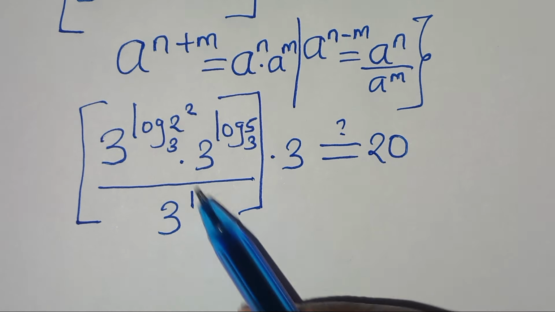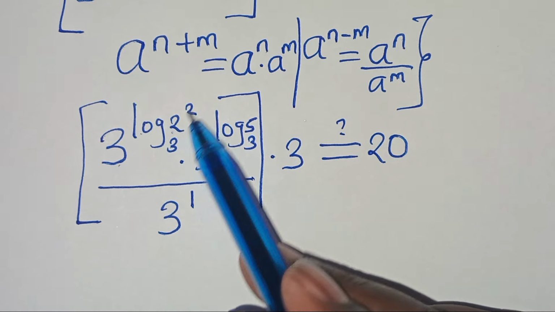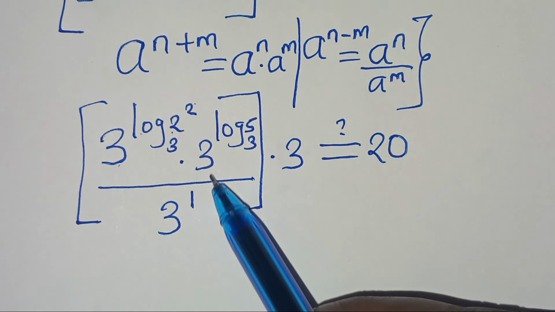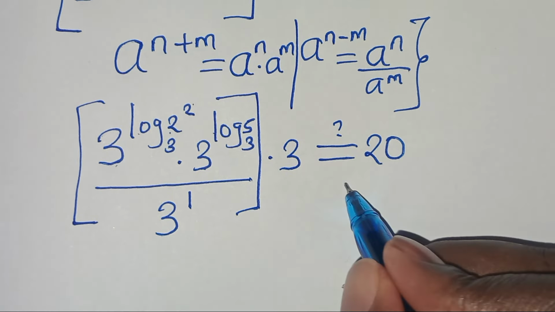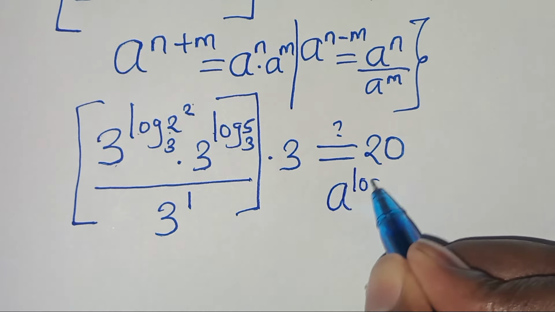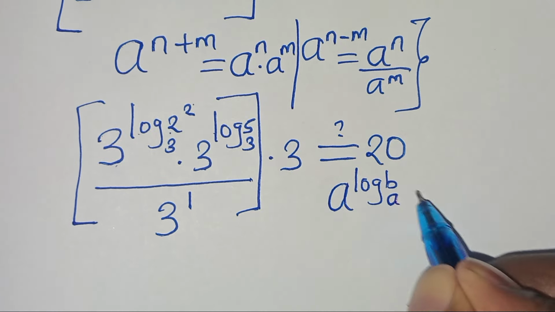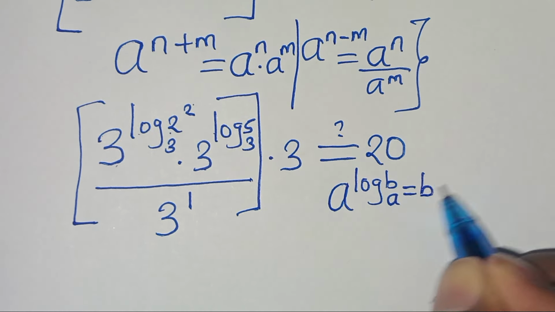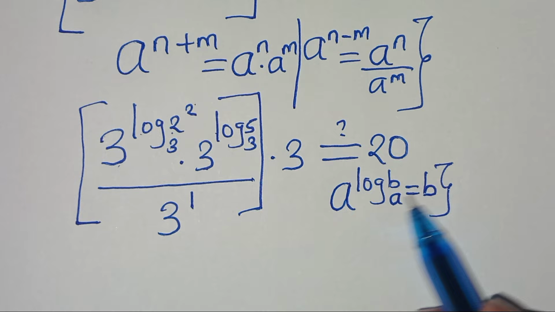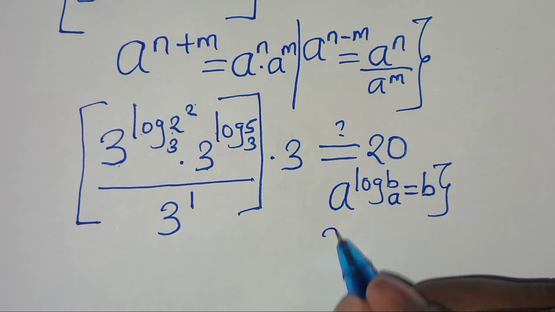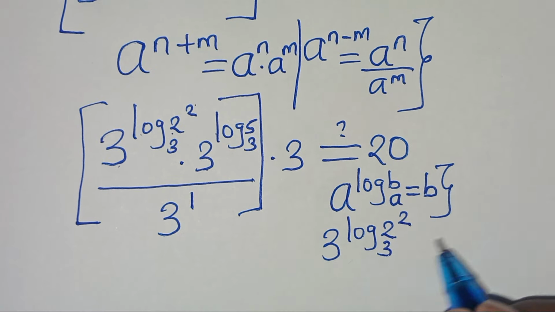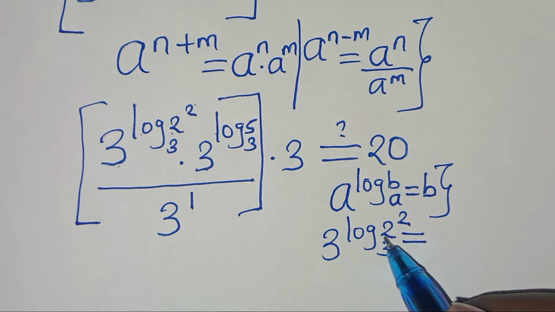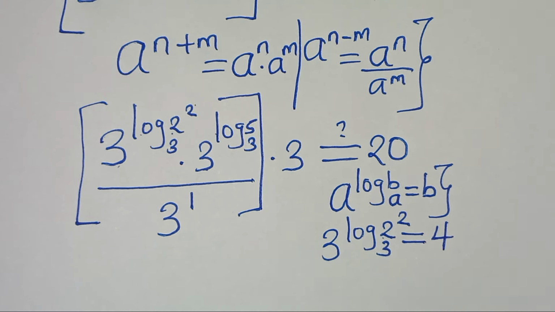Now, we have 3 to the power of log 2 squared to base 3 and 3 to the power of log 5 to base 3. This is in the form of a to the power of log b to base a, which is supposed to give us a value of b. So let's apply this logarithm property, so that 3 to the power of log 2 squared to base 3 should give us a value of 2 squared, which is 4.